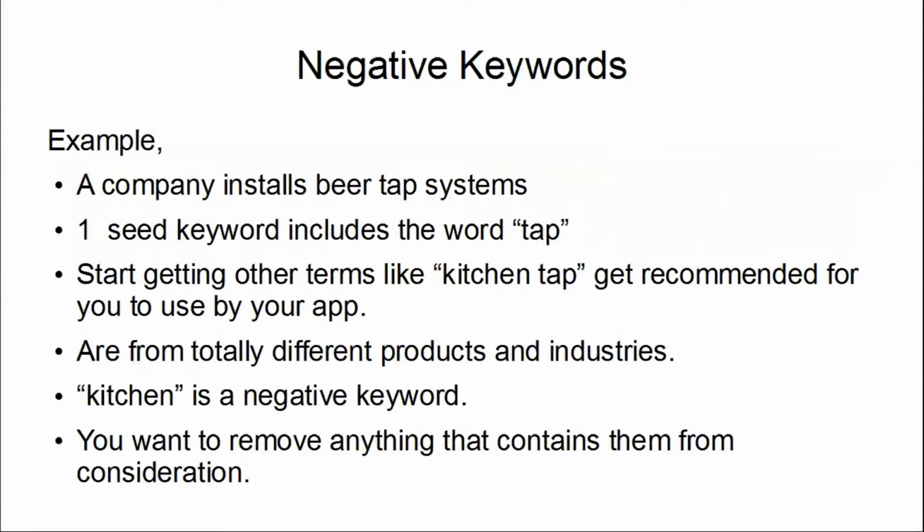With these, what you want to do is remove anything that contains them from your consideration. The main issue with this is that as you're doing your research, it just clutters up the list, which you'll learn about as we progress through our later lessons. So these are the examples of your negative keywords that I was just talking about.